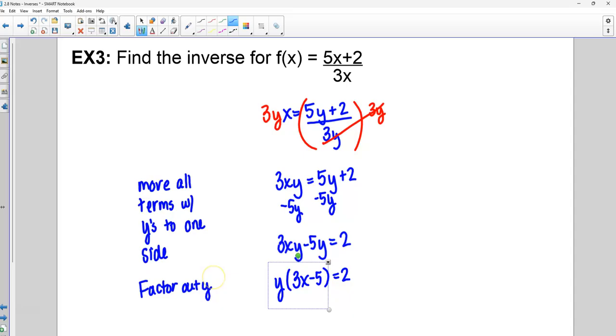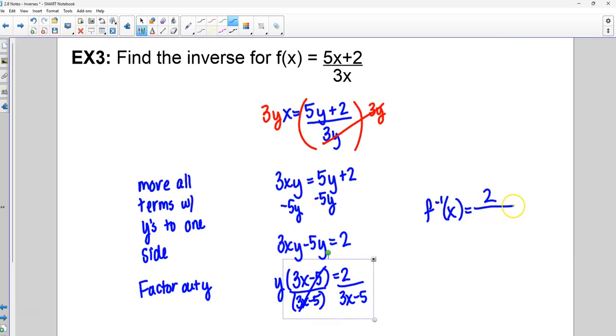So we can just put y out as the greatest common factor. This is wonderful because now I only have one y. I can solve for that y, right? So this is y times (3x minus 5). I'm going to divide both sides by 3x minus 5, which will cancel here. So my inverse here is going to be 2 over 3x minus 5.